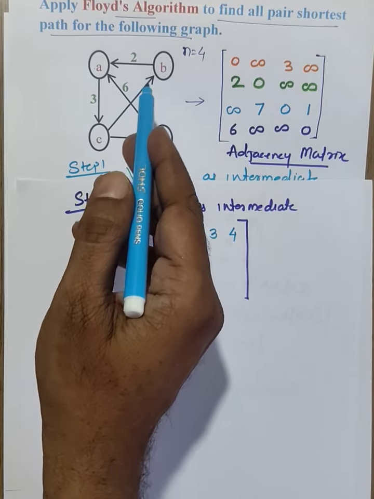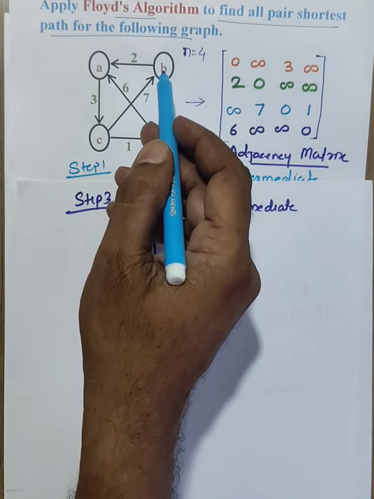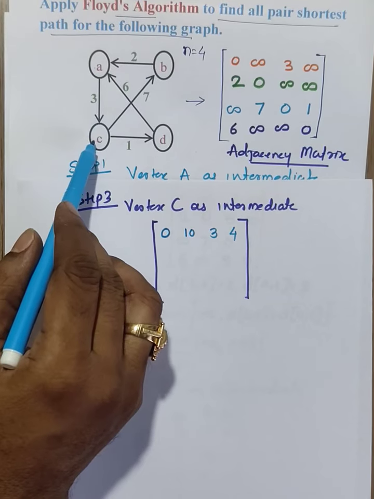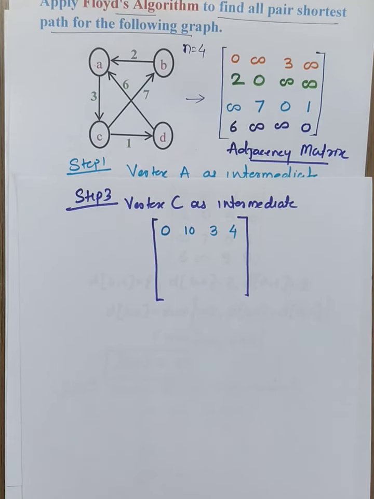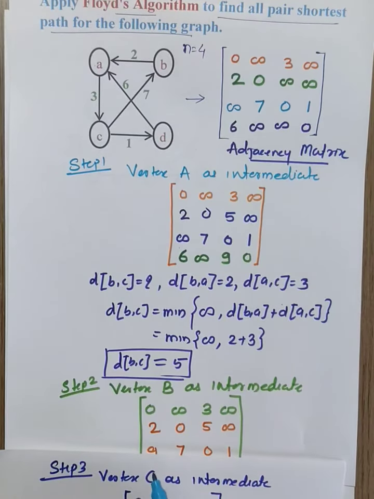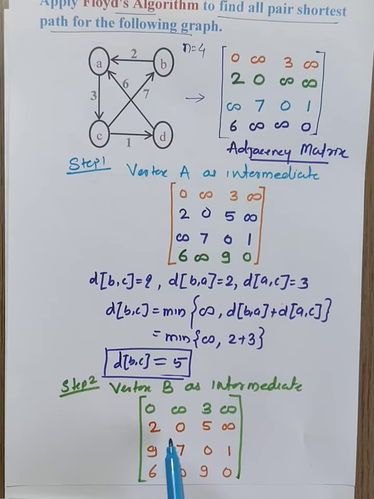Vertex A is 0. Then B to C: the B to C edge is not there, but B to A to C, C to D edge is there, right? It means maybe the B row will again get different values. Previous values: B to A is 2, B to B is 0, B to C is 5.